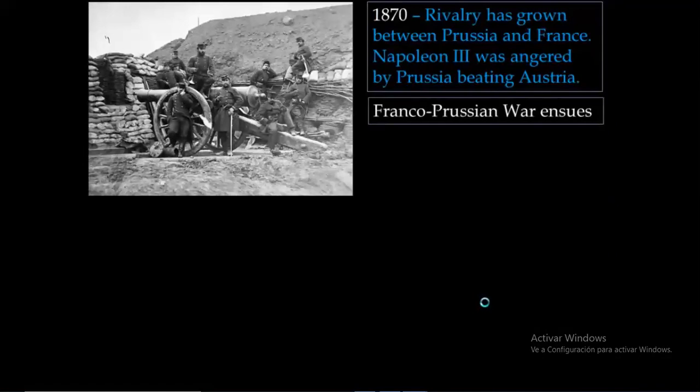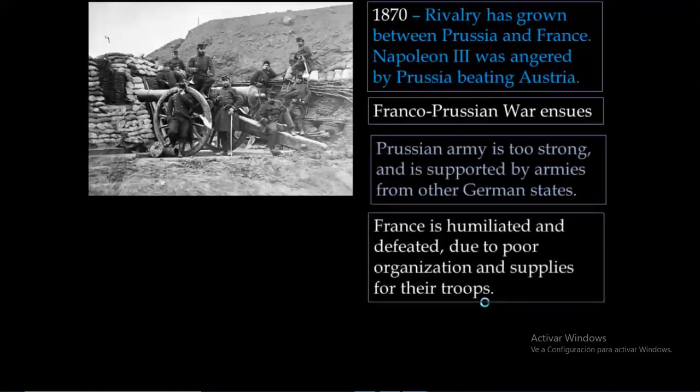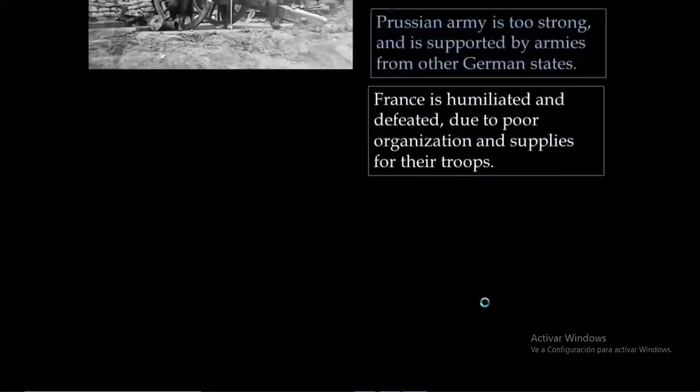And really, Prussia is just too strong. Not only are they too strong, but they're also supported by armies from some of the other smaller German states. And along with that, France is just poorly organized. They don't have enough supplies for their troops, and France is really humiliated in defeat by the Prussians.